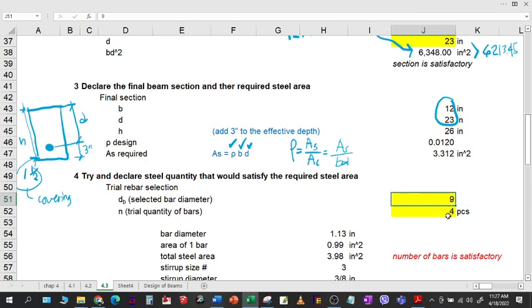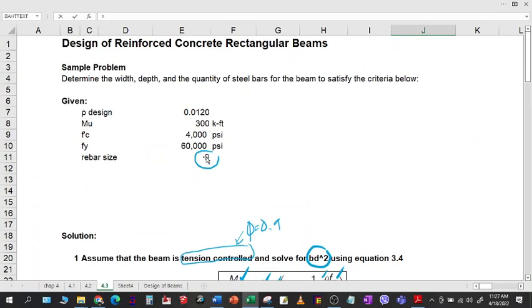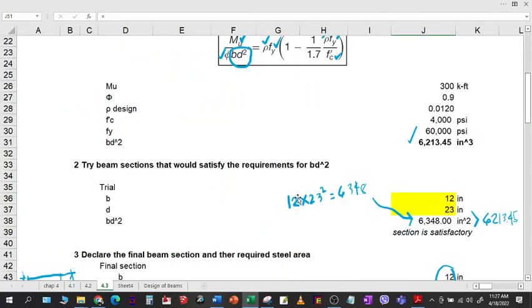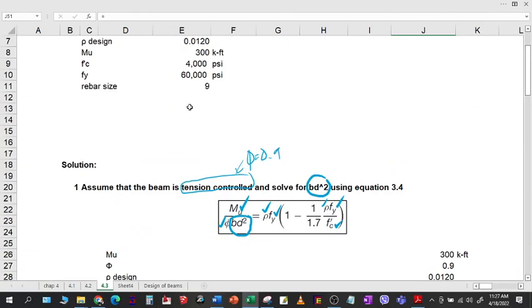If the rebar diameter is not given, you can also do a trial and error for your rebar size. The combination of the quantity as well as the diameter would give you the best and most economical rebar combination. But since we are given the bar diameter, we don't have to edit this one. This is number 9, and we can even link this one to this cell here.